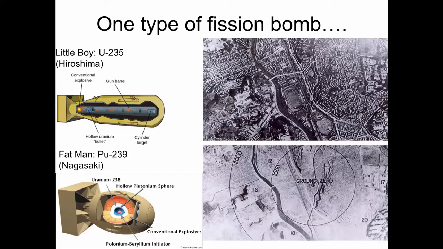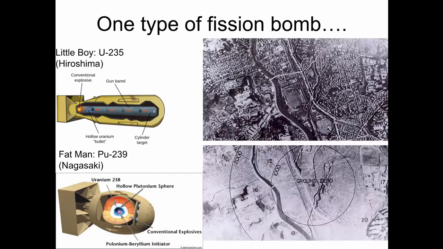Nuclear weapons were used at the end of World War II when the United States dropped a nuclear bomb on Hiroshima and Nagasaki. They were both fission bombs. The first one, Little Boy, was dropped on Hiroshima and used uranium-235 as its fuel source.